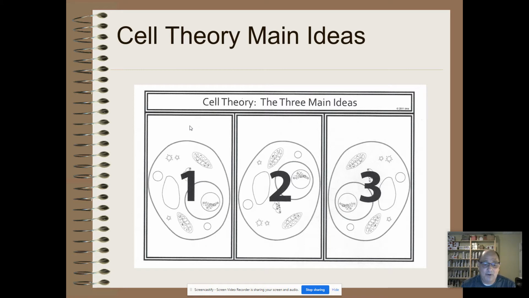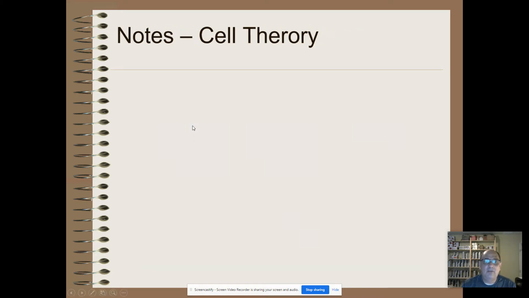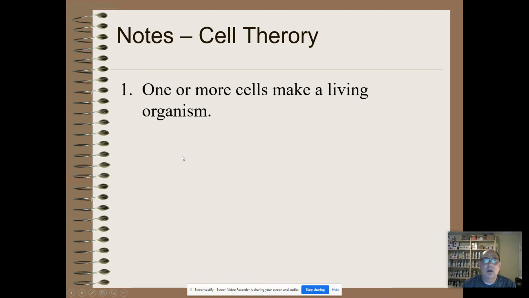And if you remember from the video, the first of the cell theory is one or more cells make up all living organisms. Now, if you think of you or me or any plant that's out there, we're made up of millions of cells, right? Not just one, but millions, because your body is composed of those cells. But a single organism, a single cell, is an individual living organism itself.